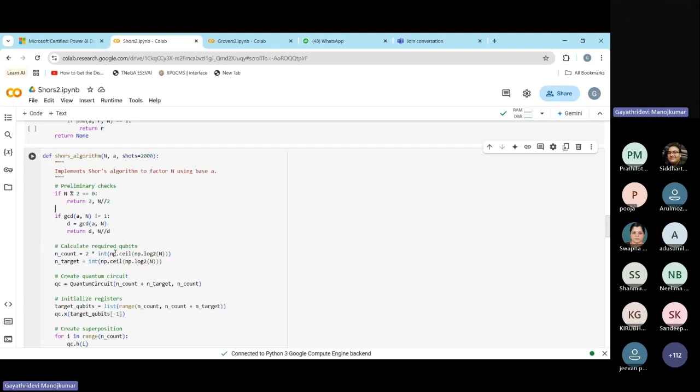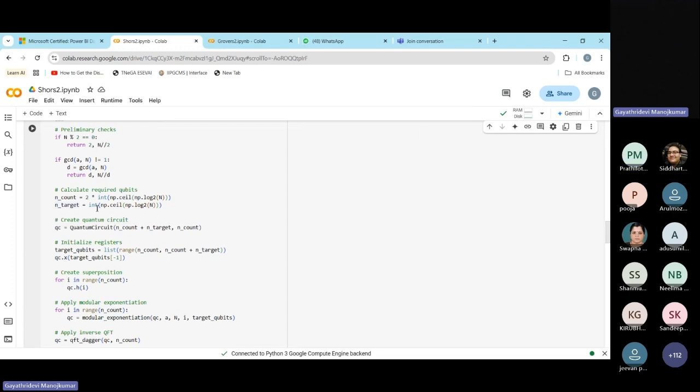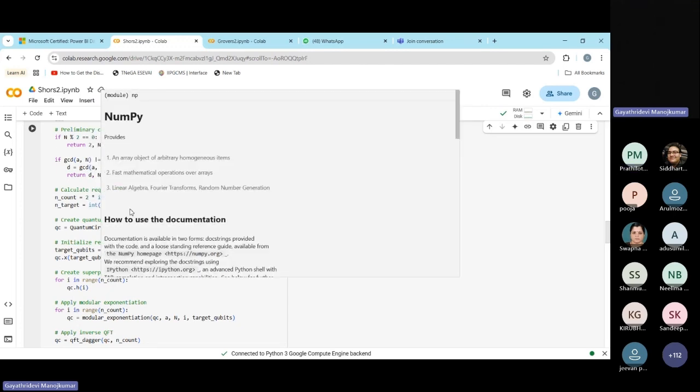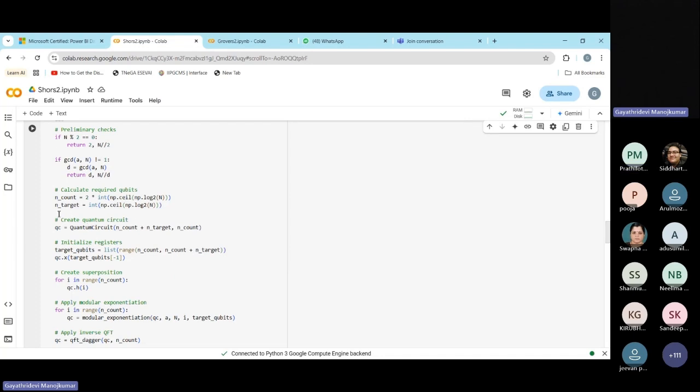The next step is to calculate the count register size. We use n_count equal to 2 times log base 2 of n qubits, which we perform with this particular line.